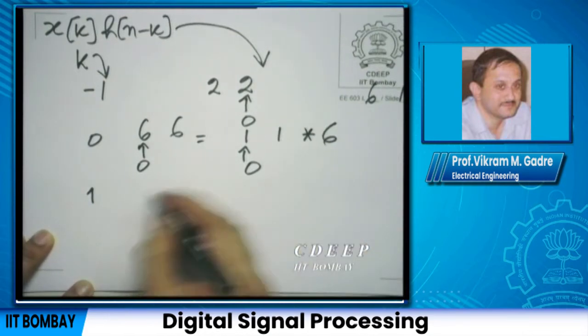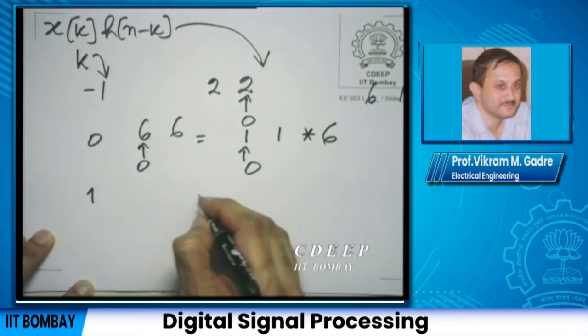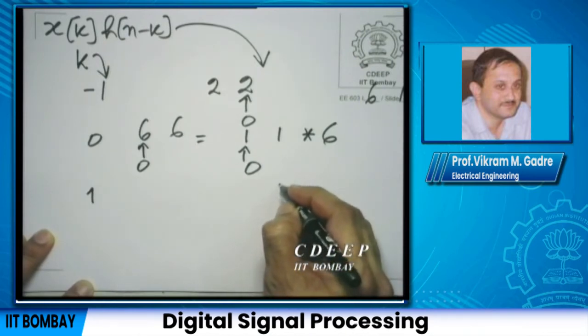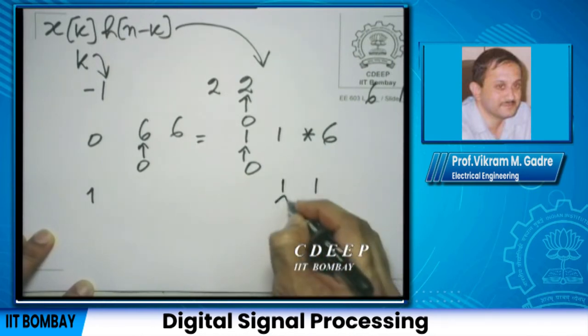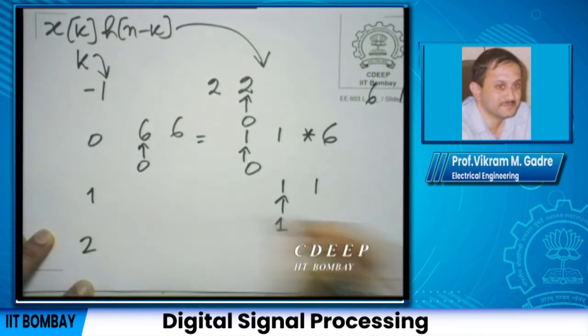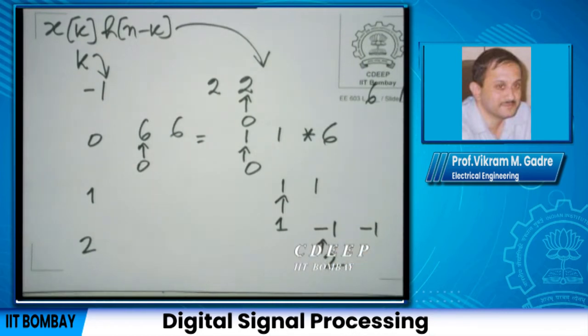So, let me complete this. So, at k equal to 1, of course, I have 1 and 1 occurring at 1, and for k equal to 2, I have -1. So, these are the 4 x[k] h[n-k]'s.